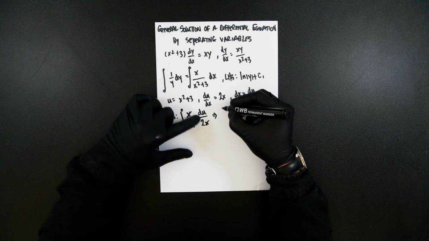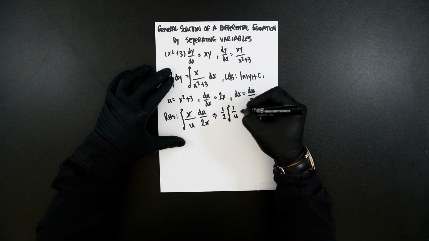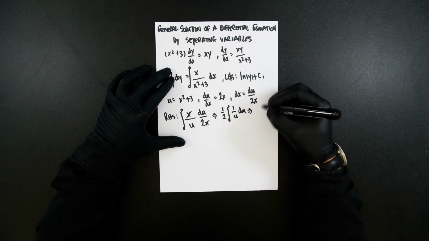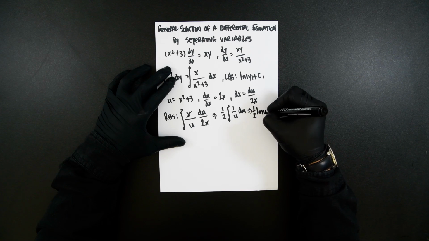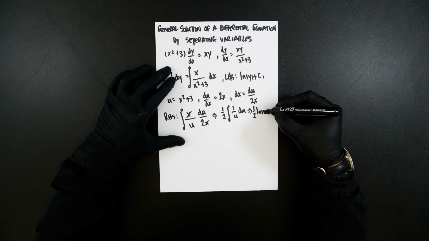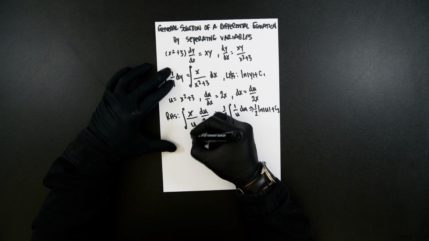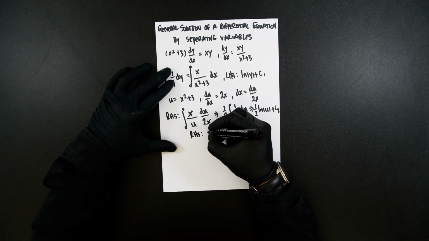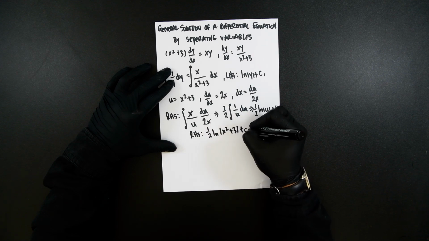So let's pull the half out, and you are going to be integrating 1 over u du, which is 1/2 ln u plus c2. And we know that u equals this, so we can substitute that back in. So your right-hand side is going to be 1/2 ln(x squared plus 3) plus c2.